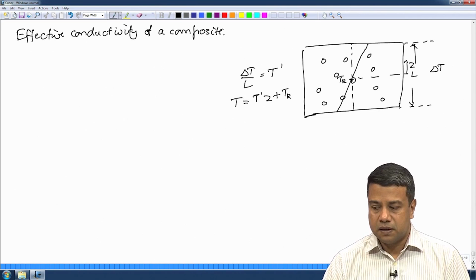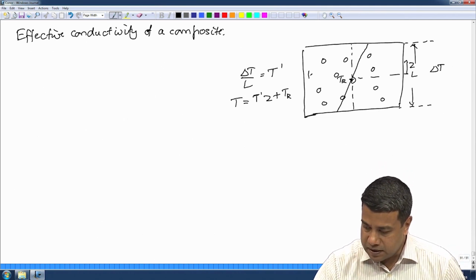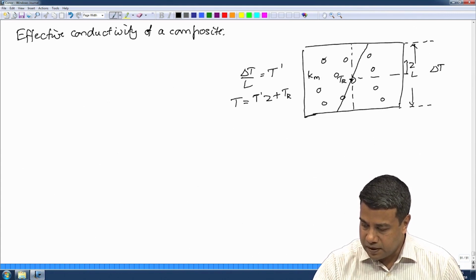However, the material is not homogeneous. The matrix has a conductivity K m and these particles have a conductivity K p.